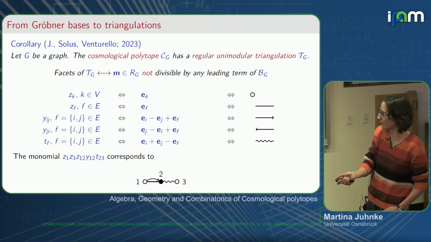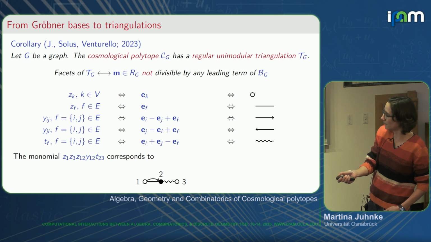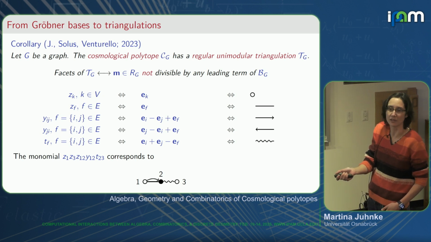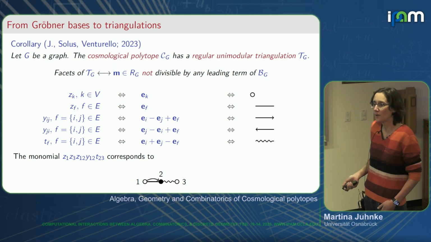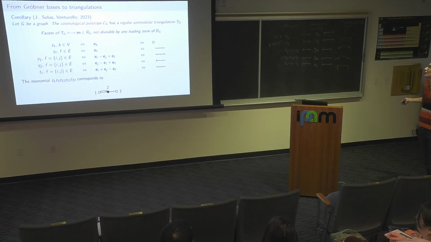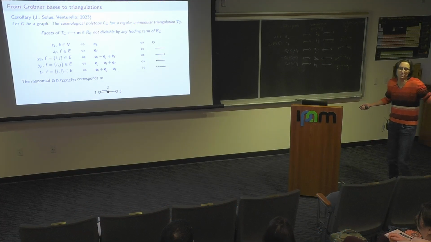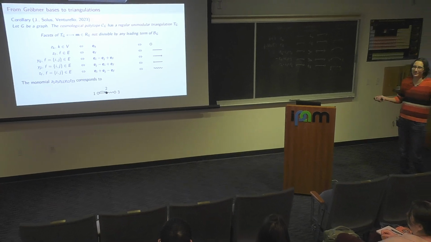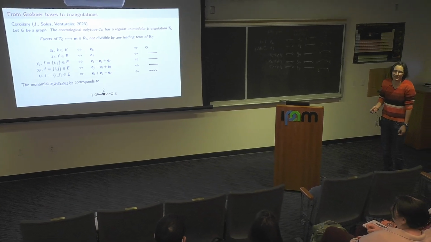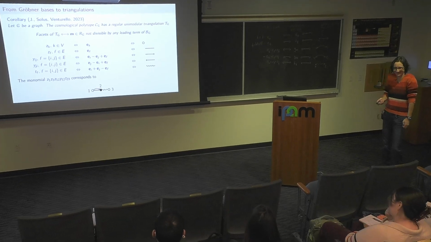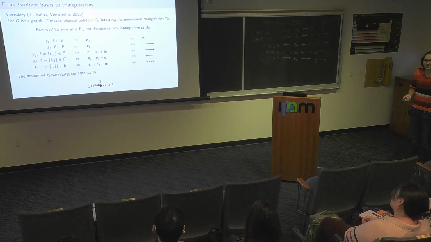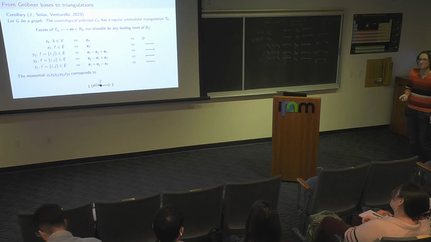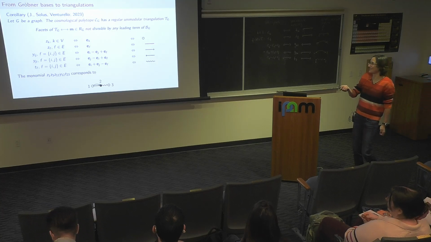This C1,2 tells me I have the undirected edge from 1 to 2. And finally, this T2,3 tells me I have this wiggle edge from 2 to 3. And the black dot is because 2 is not there. You can also omit the dot, but the pictures look nicer if you draw a dot. Should we be thinking of the white dots as loops in the graph? No. Okay. No. Please don't.